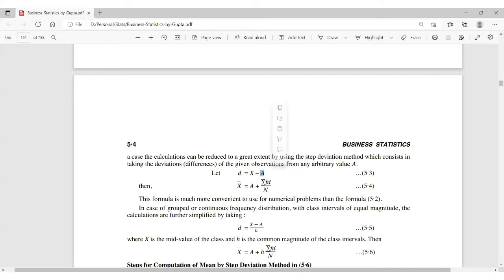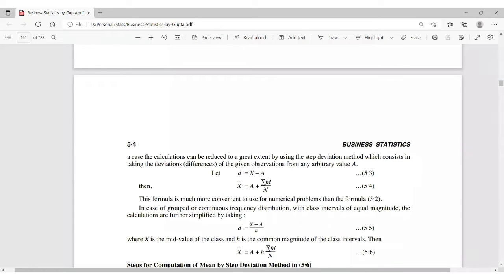So the formula for this is x bar is equal to a plus summation of fd by n. This capital N is always the sum of all frequencies, that means summation of f. Clear?